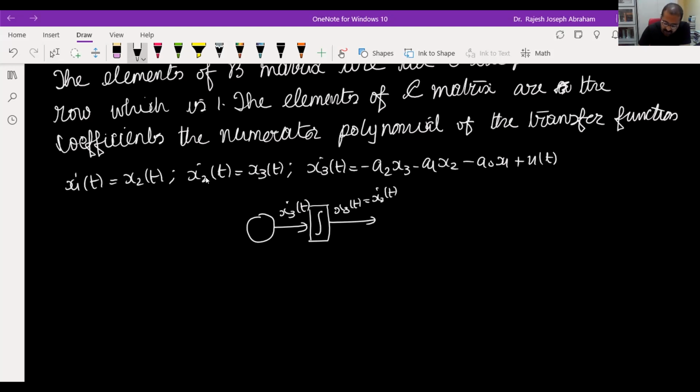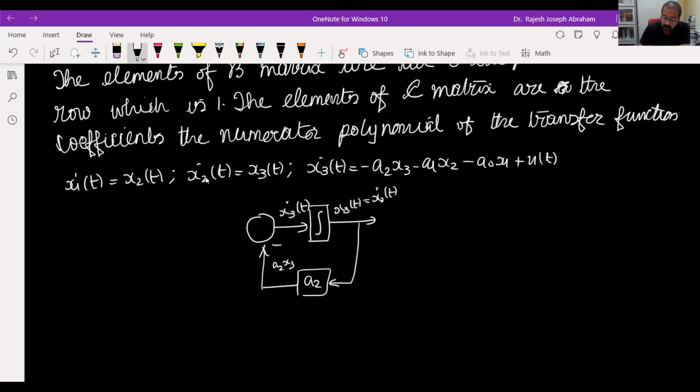So x3 dot must be minus a2 x3. Here it is coming with a negative sign, and this coefficient is a2 coming from x3. So what is significant at this point? It is nothing but a2 x3. Now what next? Minus a1 x2. You see what is x2 dot? x2 dot is nothing but x3.